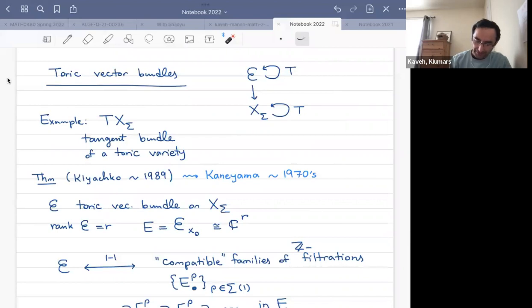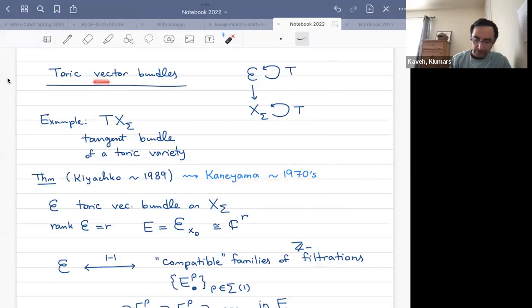But the classification of toric vector bundles goes back to Kaneyama, but his data is in terms of some cocycles and stuff, and it's harder to use than Klyachko. I think Klyachko is much more natural and easier to use.